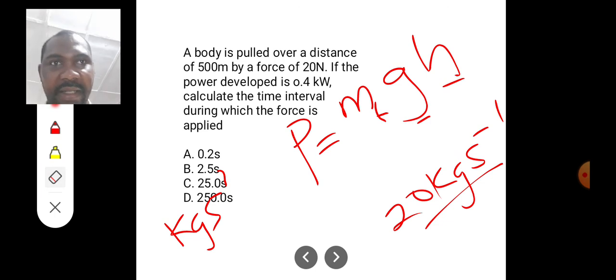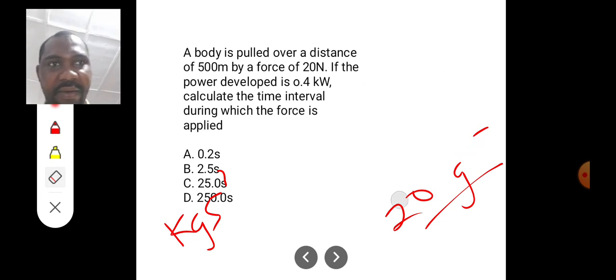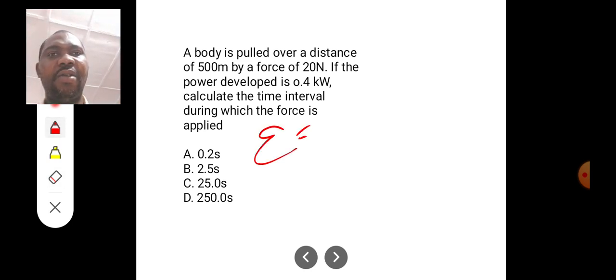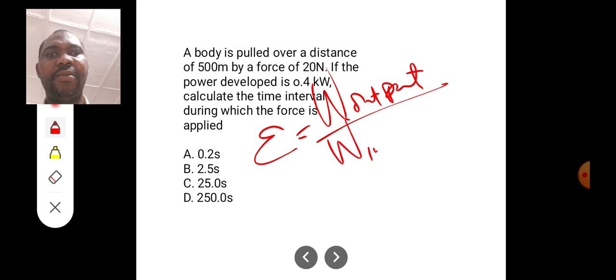Another thing I want you to note in this video is the efficiency of a machine. Maybe a machine is pumping water to a height and you're asked to find the efficiency. The efficiency of that machine is going to be work output all over work input, multiplied by 100%.